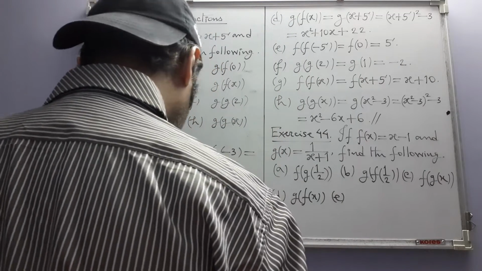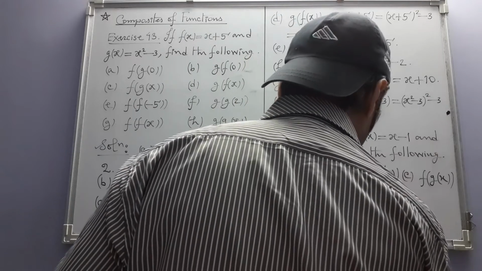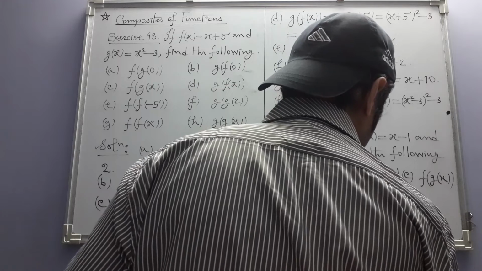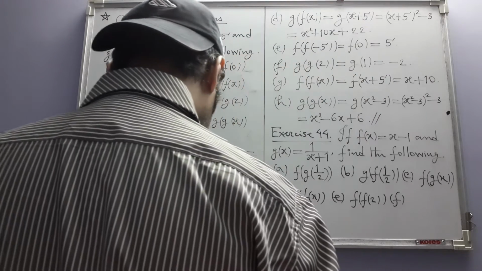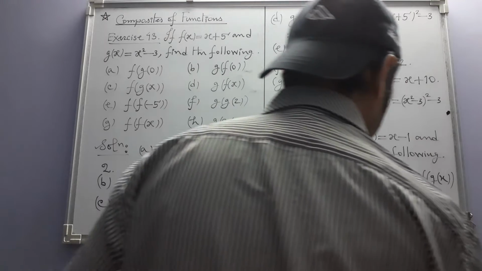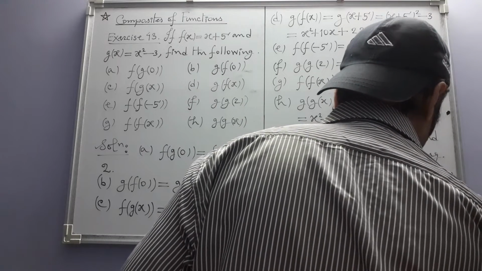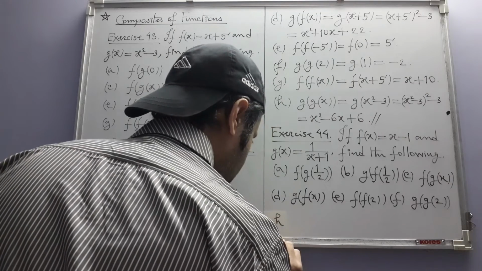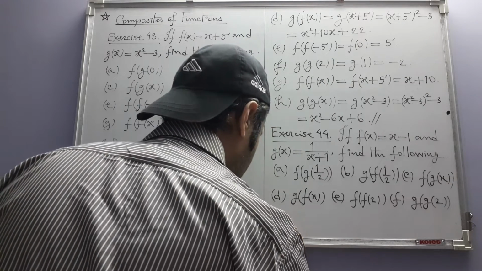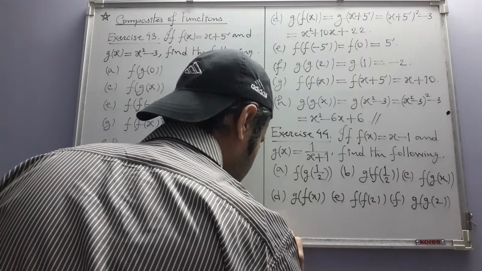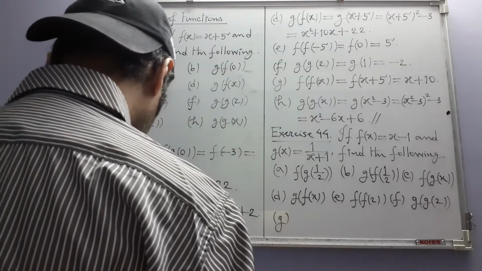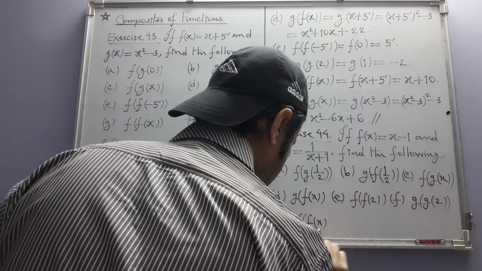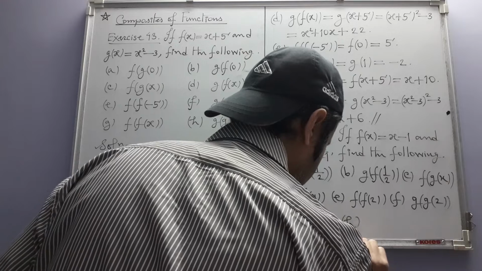E, f of 2. F, g of 2. G, f of f of x, and finally H, g of g of x.